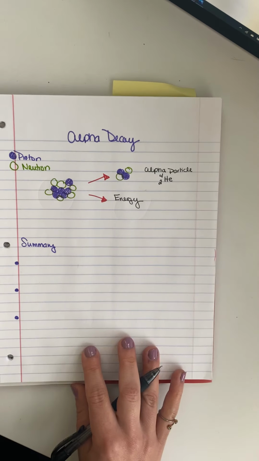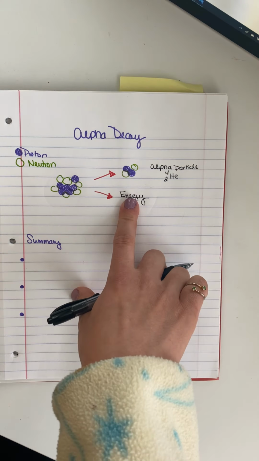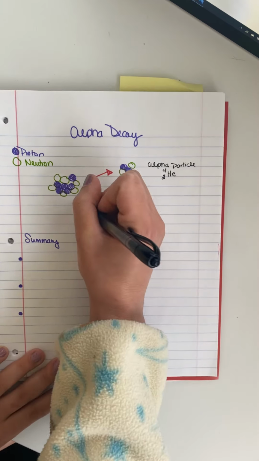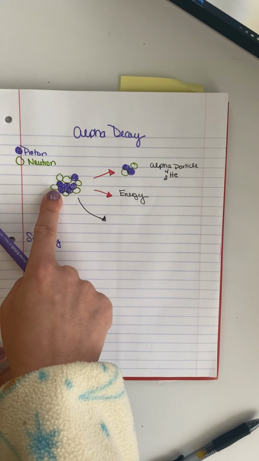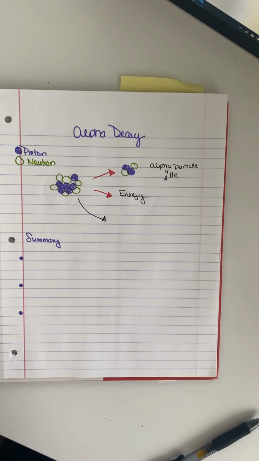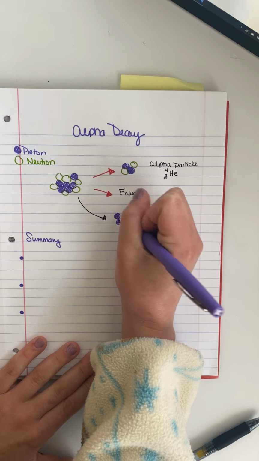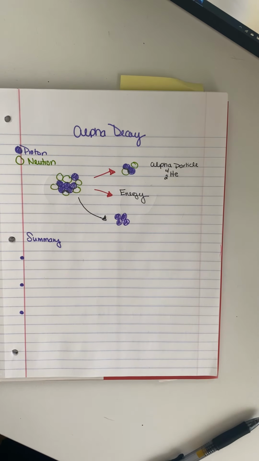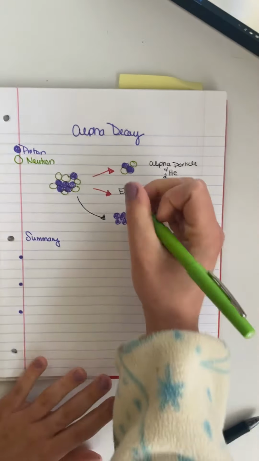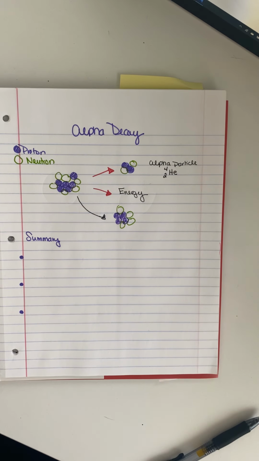So in alpha decay, too many protons. I'm going to emit that alpha particle, and I'm going to emit energy, and I'm going to have a new product. And where are my pens? If I got rid of 2 protons and I previously had 6, I'm going to have 4. And again, remember I got rid of 2 neutrons as well, so this time I only have 4 left.